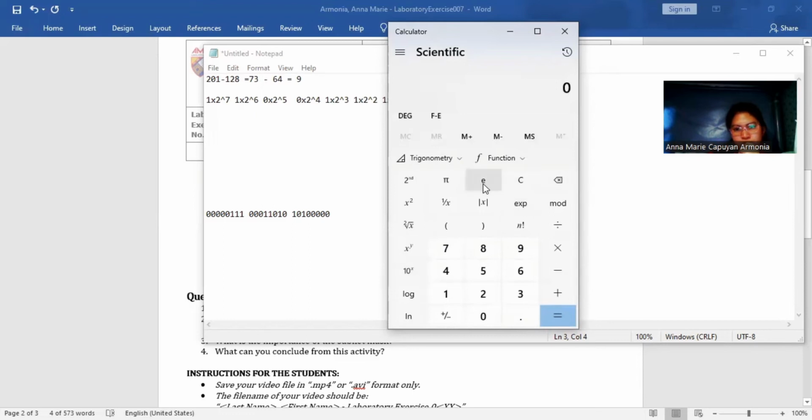I don't know how to use this. 1 times 2 equals 2. Okay, so 2 raised to 7 is 128.